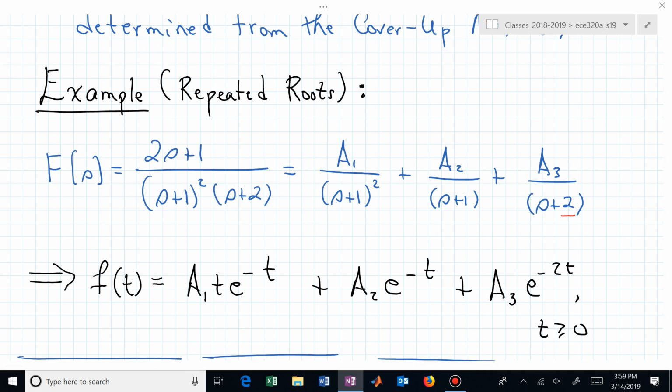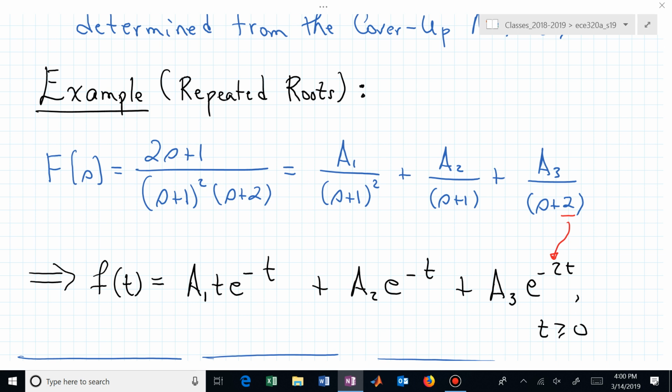It's really a decay, isn't it? Because it's a real factor. Now I know what my mode is associated with that pole. I have a mode, exponential decay, of e to the minus 2t. That's the value of s that causes that last term to vanish. That 2 then says, oh, there's my mode, e to the minus 2t.